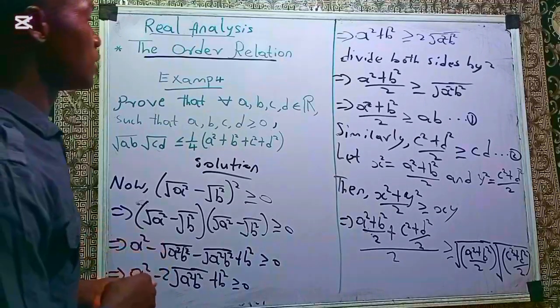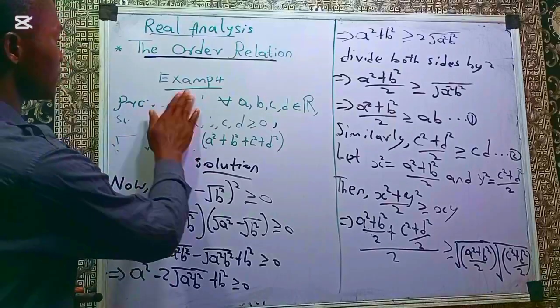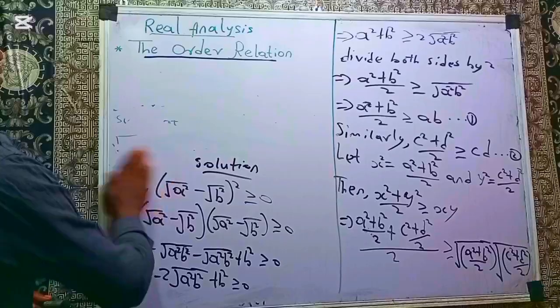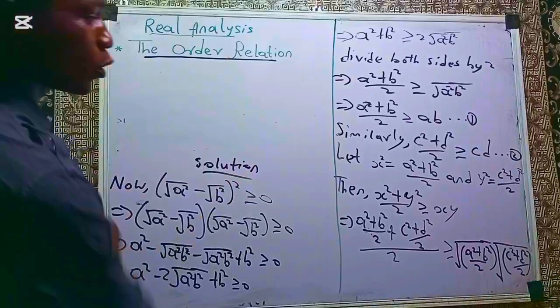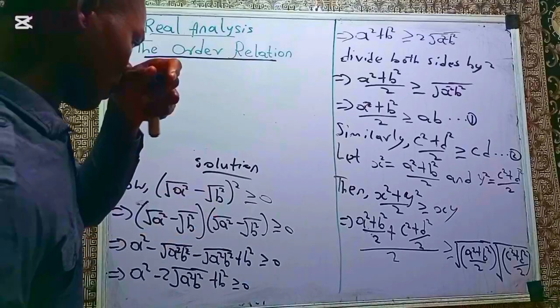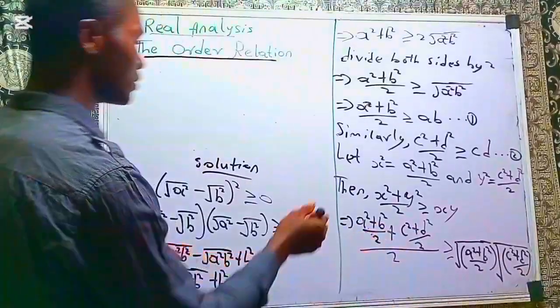So quickly, let's just create space here. Okay, this implies, what is the LCM of this numerator?